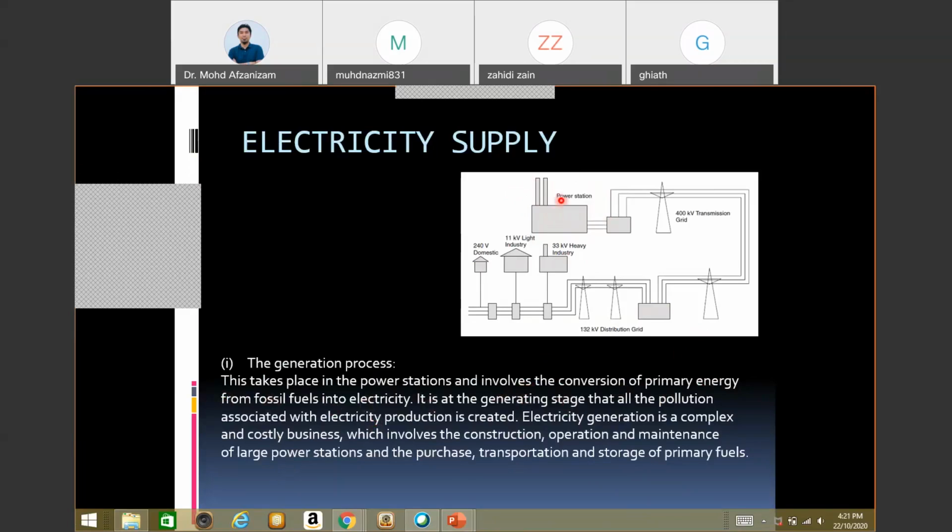That's why we try to change from fossil fuel resources to cleaner energy resources, so that when it comes to generating power, we are able to manage a cleaner or greener environment.